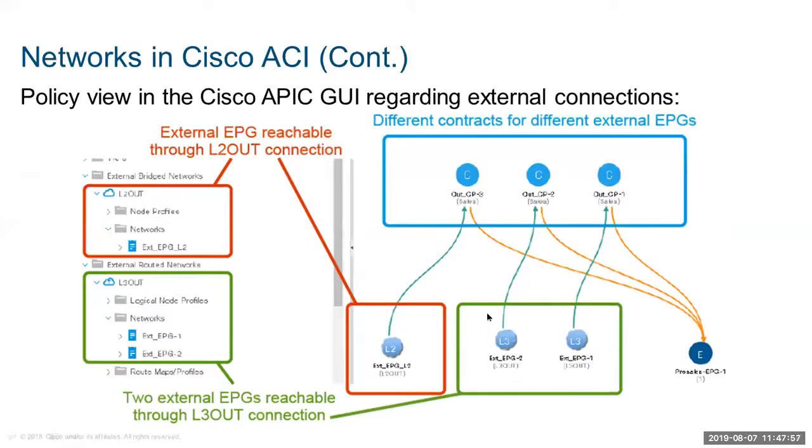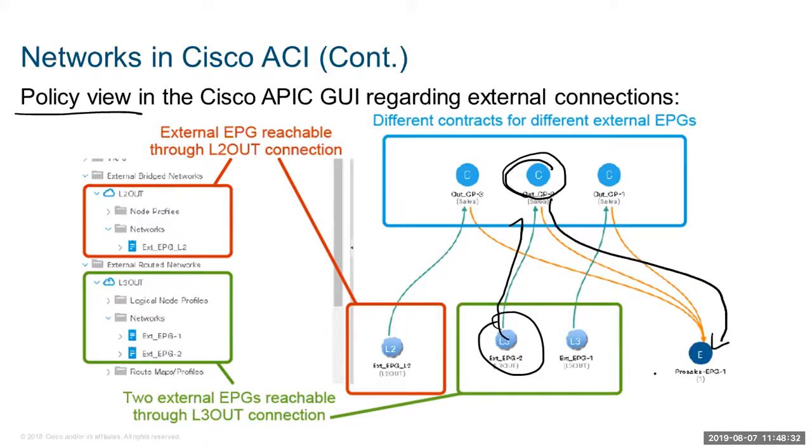And this is actually showing you the contracts. They've shown you a topology view once the contracts have been configured. So it's a policy view. It shows you that these are allowed to, they're actually providing a contract, that's the provide arrow, which is being consumed by the EPG.